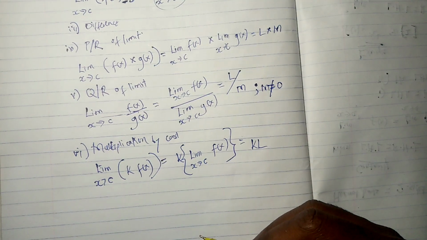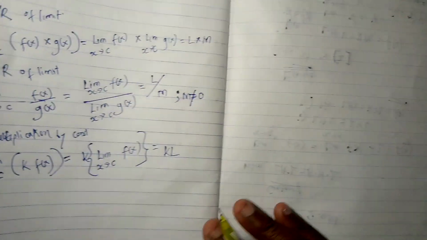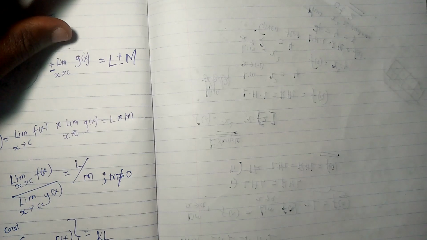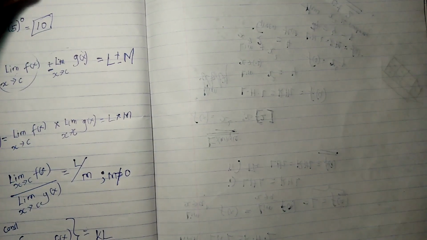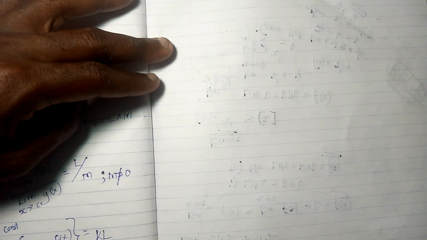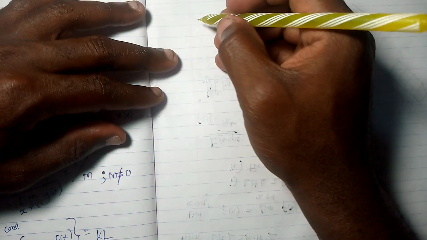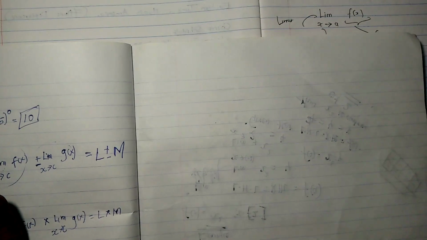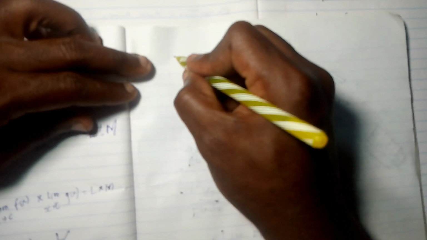Now for these rules of limits, I'm only going to give one example that will cover almost every aspect we've discussed in those rules. In this case, our example is to evaluate the following limit.